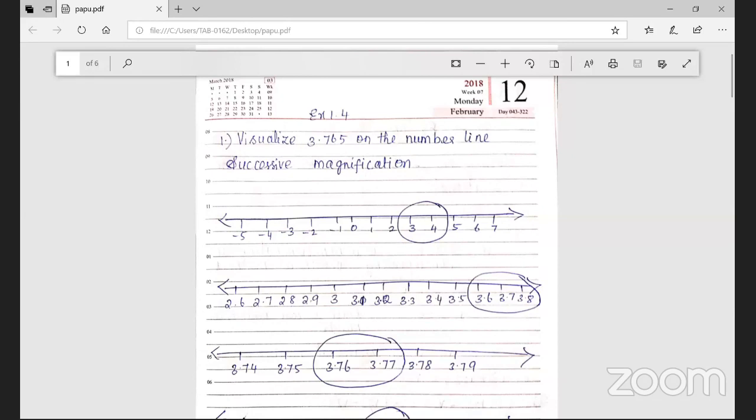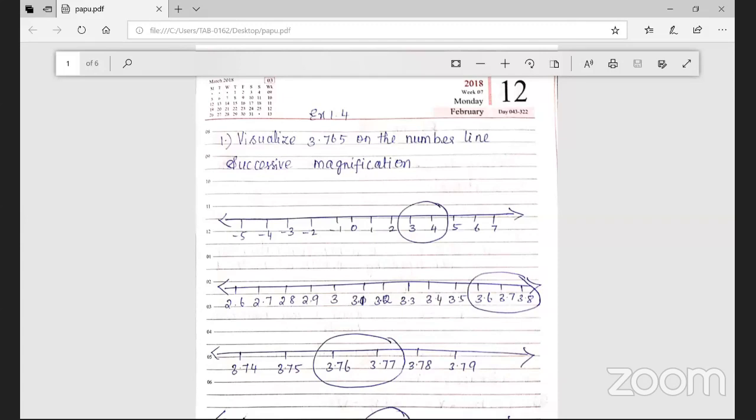Now you can explain about rational and irrational difference. So rational should be written in P by Q form, where P and Q should be integers, and Q should not be equal to 0. It may be terminating or non-terminating, but it's not non-recurring. It may be recurring.